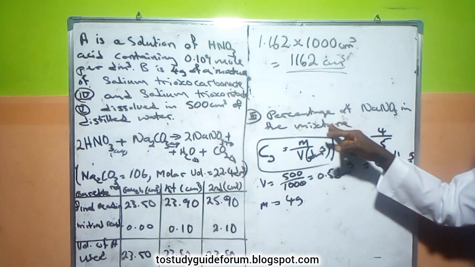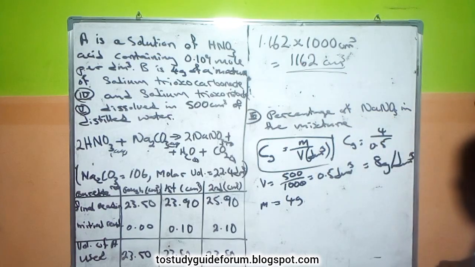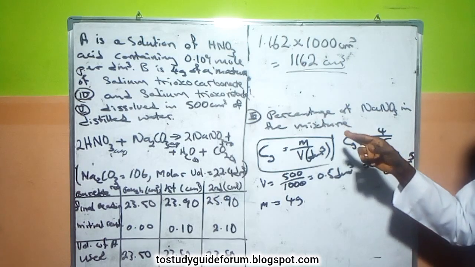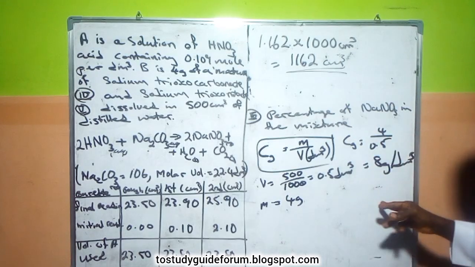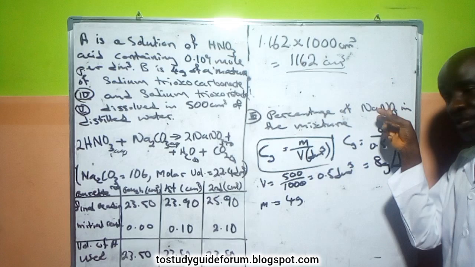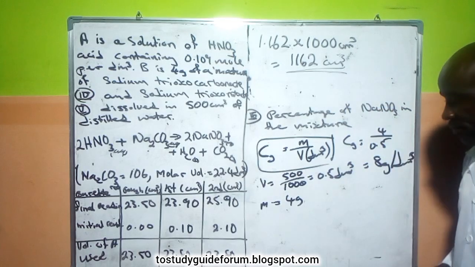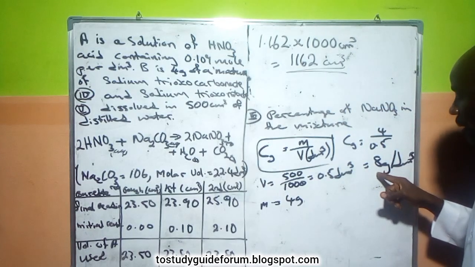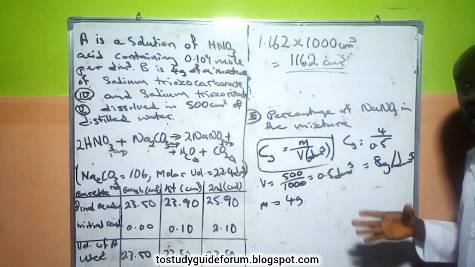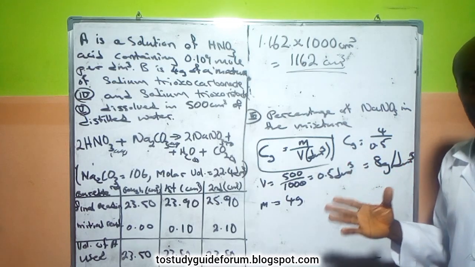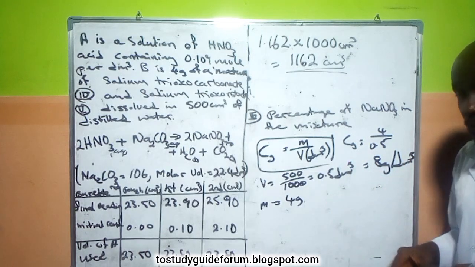We're looking for the percentage mass of the sodium trioxonitrate V. So before we can do that, we need to know its mass. We have the total mass of the two compounds in 1 dm cube.